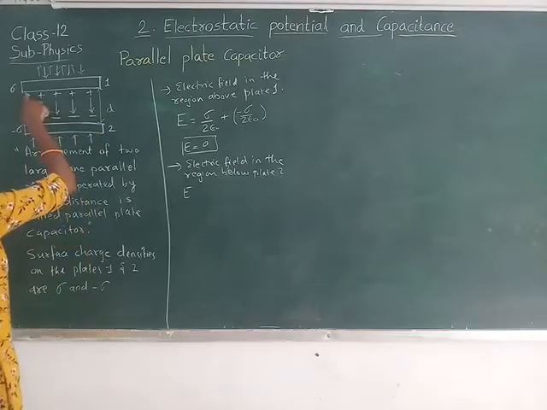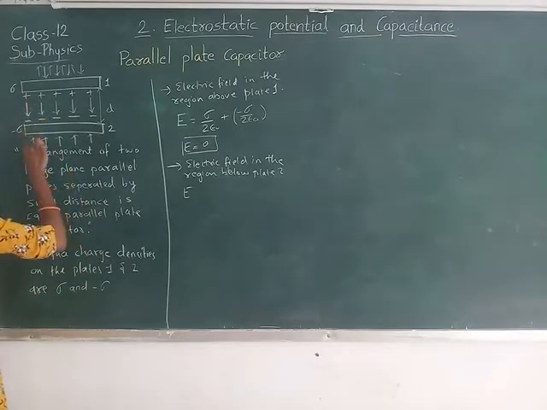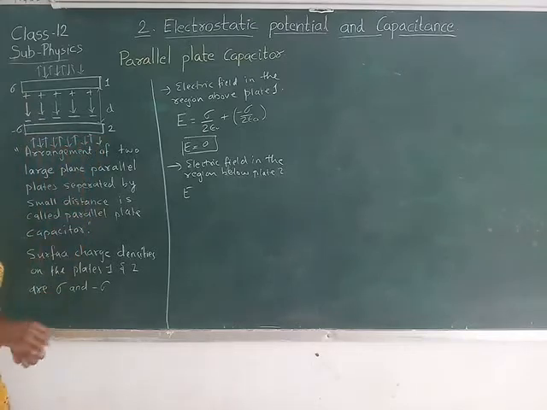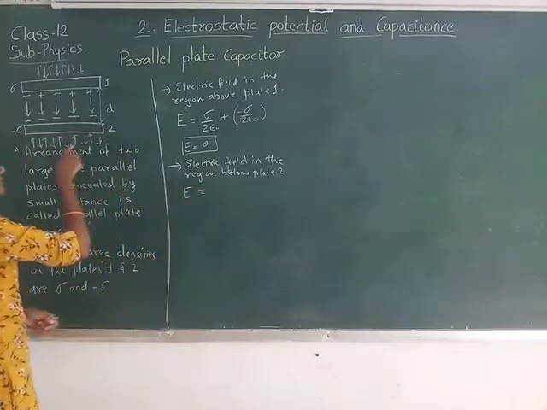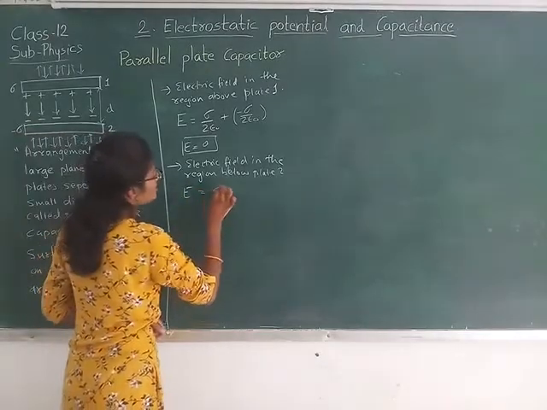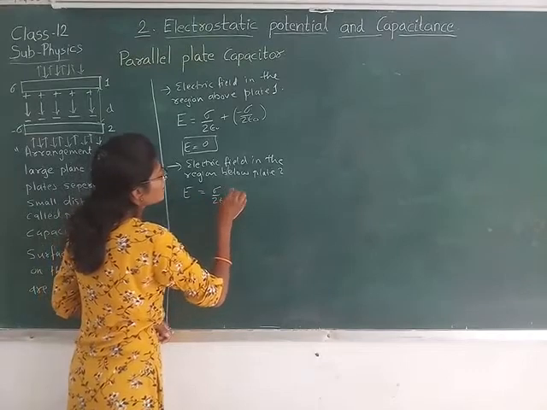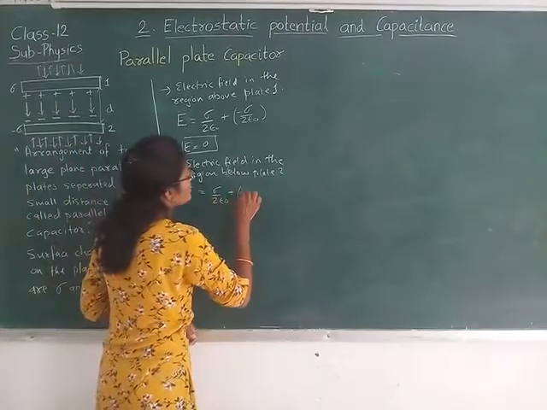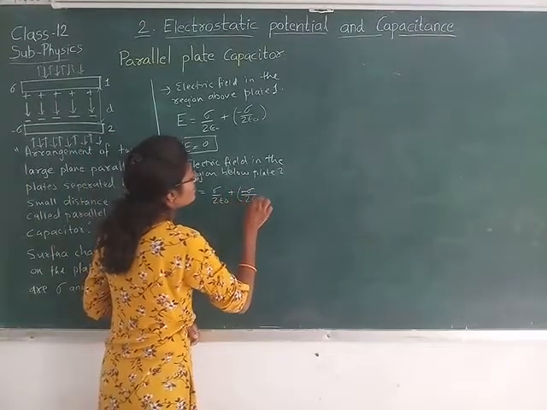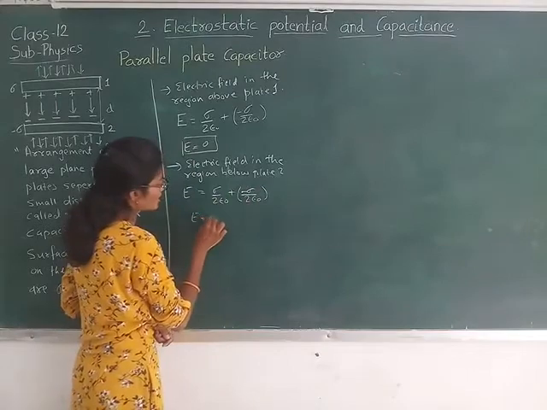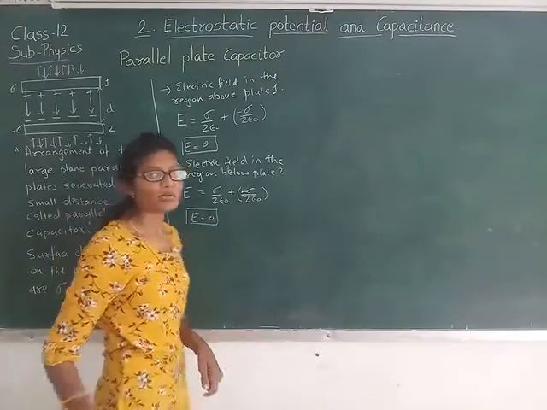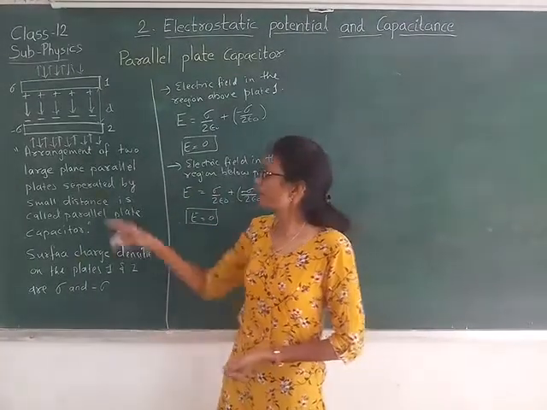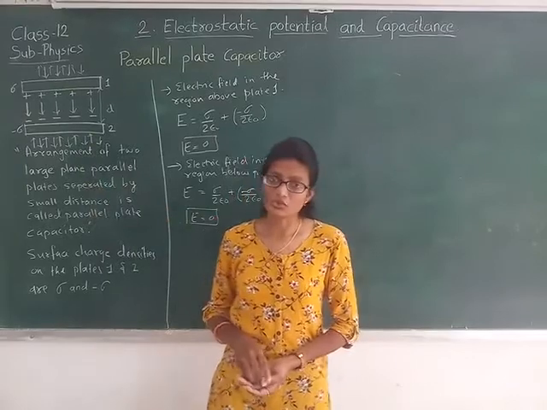Now because of the positive charge, the electric field line will be in the downward direction, right? So the electric field due to the positive charge is again sigma upon 2 epsilon 0, plus the electric field due to the negative charge, which is opposite, minus sigma upon 2 epsilon 0, and the summation will be 0. So for the region above plate 1 and below plate 2, that is on the outer side of the plates, the electric field will be 0.